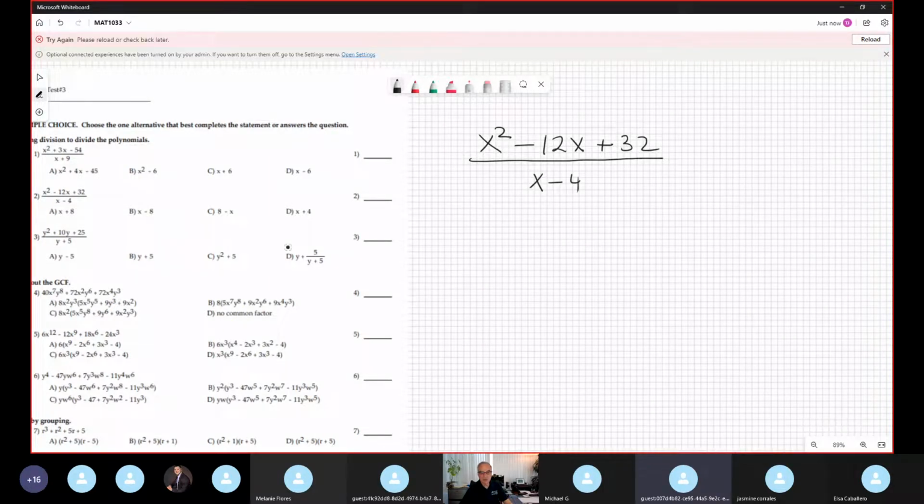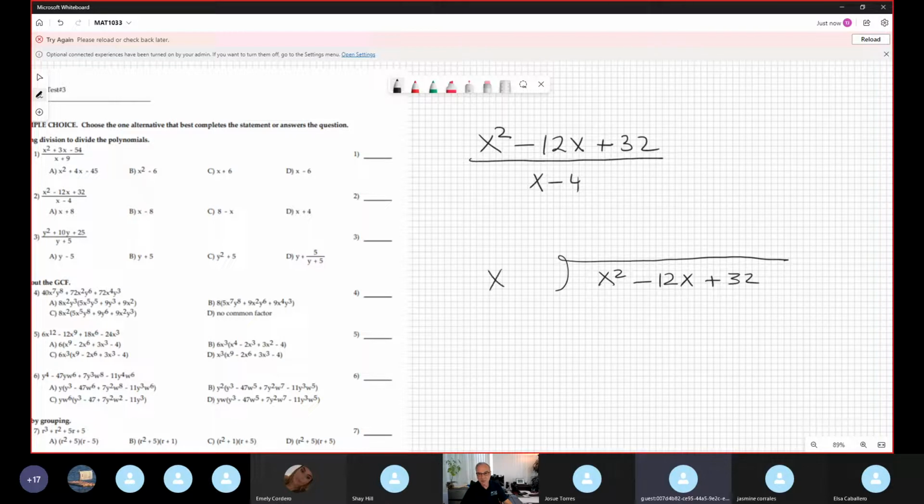Let's do it now like a long division. It's obviously x, because x times x is x squared, and x times negative 4 is negative 4x, and by subtracting, change the sign. Cancel out, and it's a negative 8, and bring down 32.